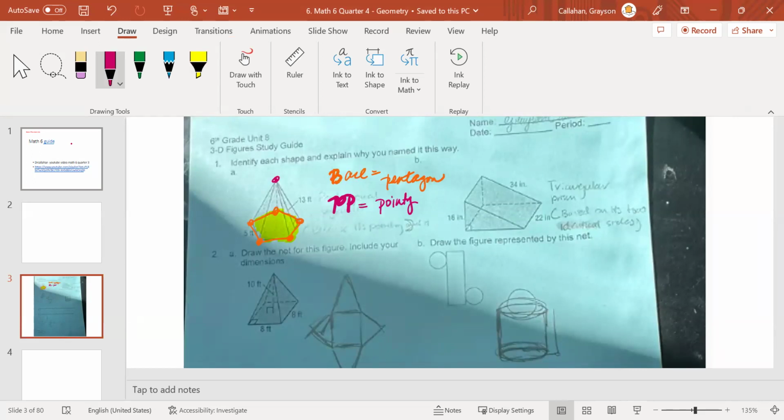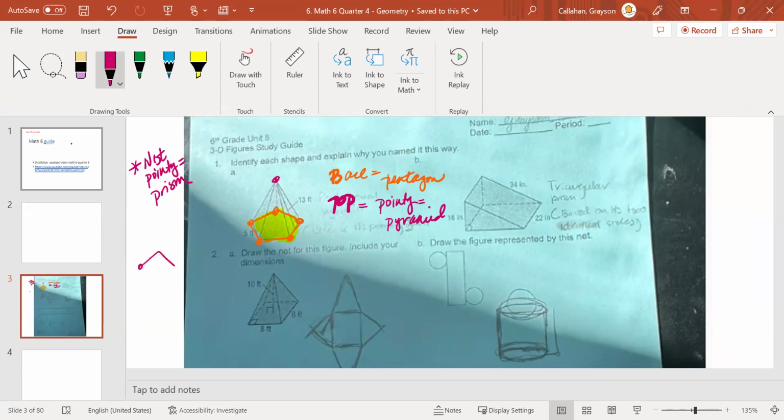If it is pointy, then you know it is going to be some form of a pyramid, right? And just as a side note, if it's not pointy, then what is it going to be? There you go. That means there's going to be another base on top here somewhere that looks exactly the same.